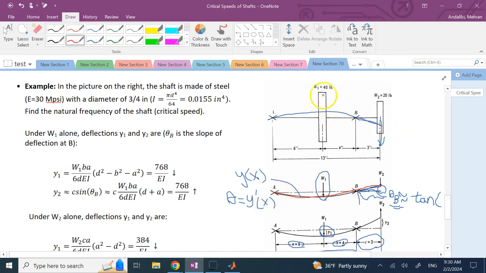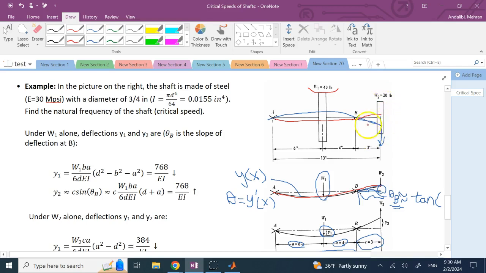And the reason for it is one of them is between the bearings, one of them is outside the bearings on the overhang, right? But keep in mind that, first of all, here W1 is the bigger one. And when you start this beam, because W1 is the dominant one, the overall shape of this is going to be barely touching down here and maybe a little bit going up there, okay?